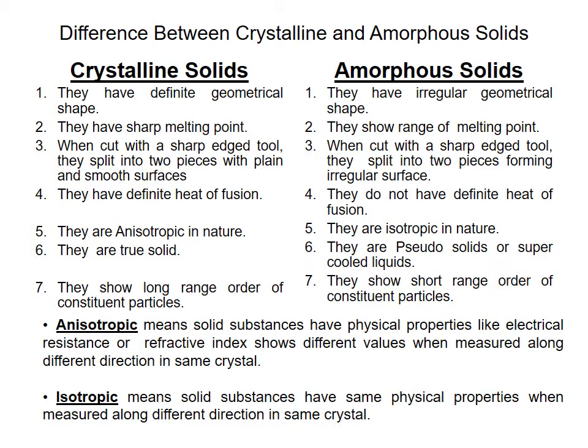Hope you have understood all the differences between crystalline and amorphous substances. Now see it in your frame in the video and try to answer it, or write the question: what is the difference between crystalline substances and amorphous substances, which is very important from your examination point of view.